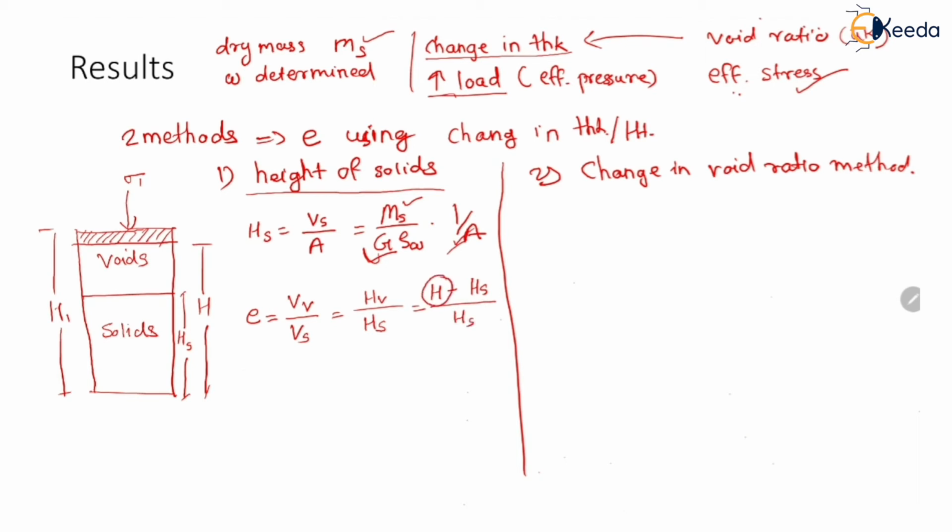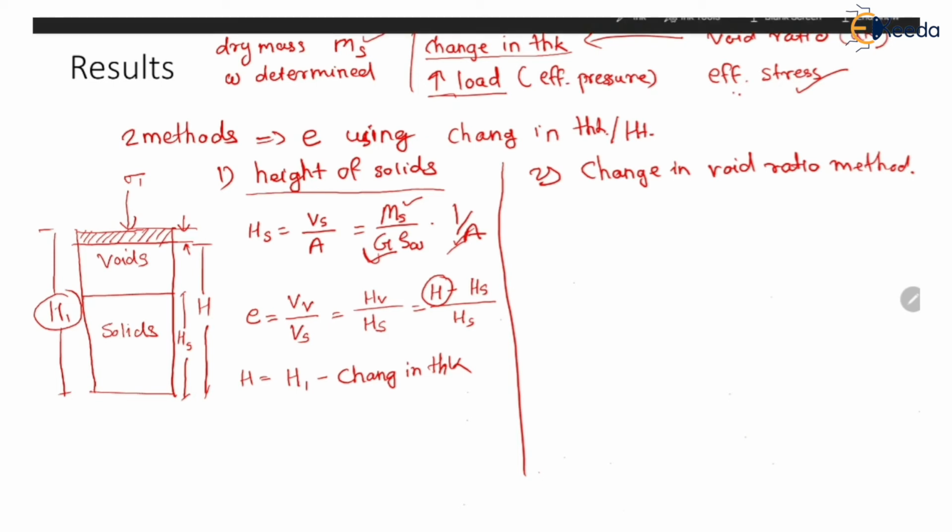The value of H is obtained from the value at the beginning of the experiment minus the change in thickness for that particular load. So this change in thickness is subtracted from the total height of the soil sample.